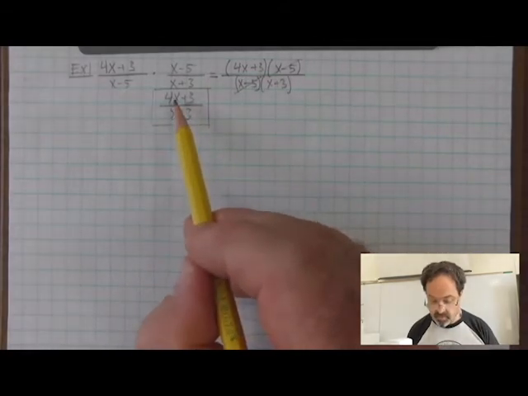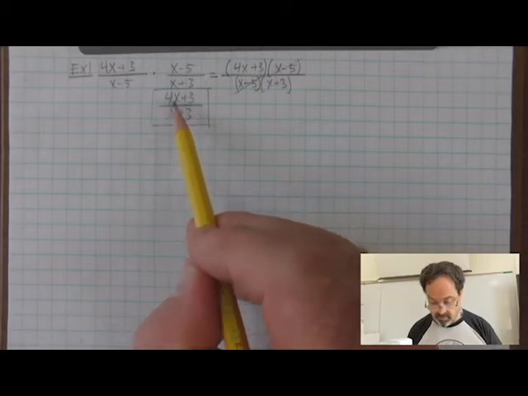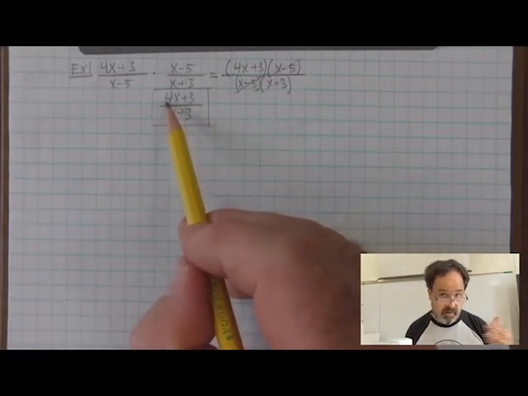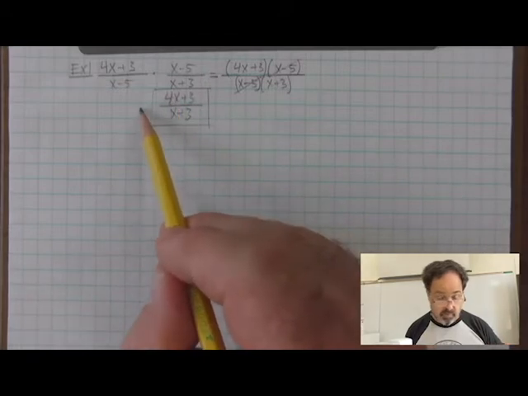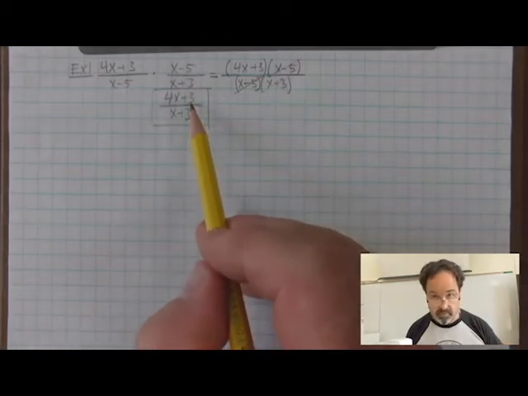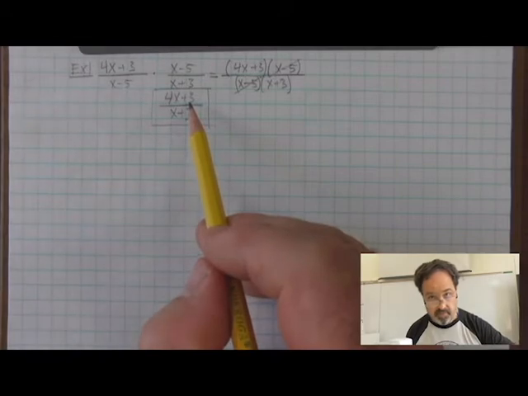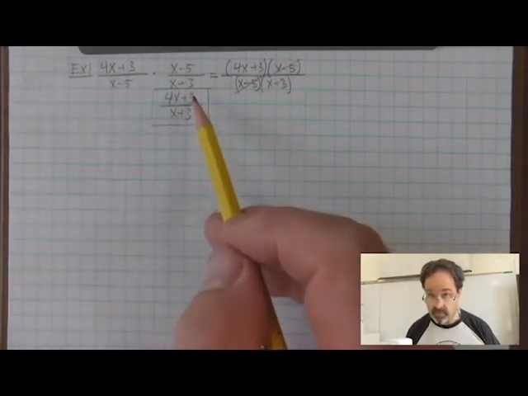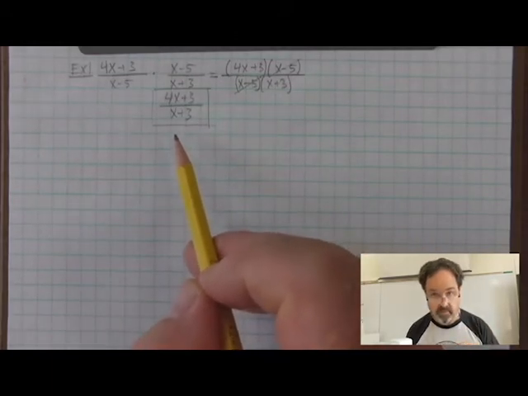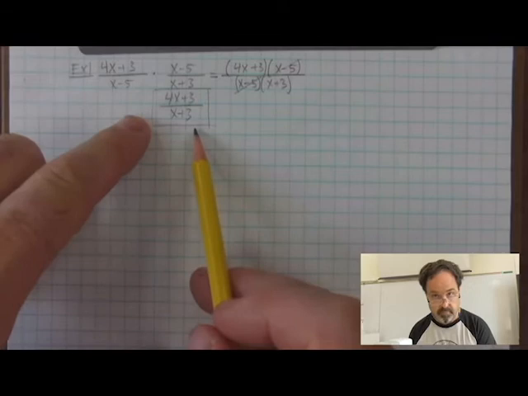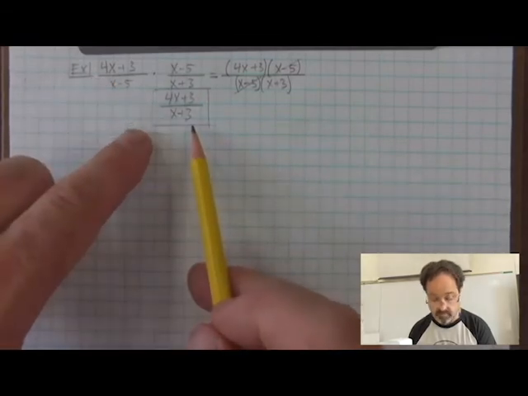For x + 3 to be a factor in the numerator, I would have to factor out the 4, and this 4 factored out would not leave 3 as the remaining factor. It would change it. X + 3 is not a common factor, even though it kind of looks like it at first glance. So we can't cancel it further, and this is as simple as it gets.